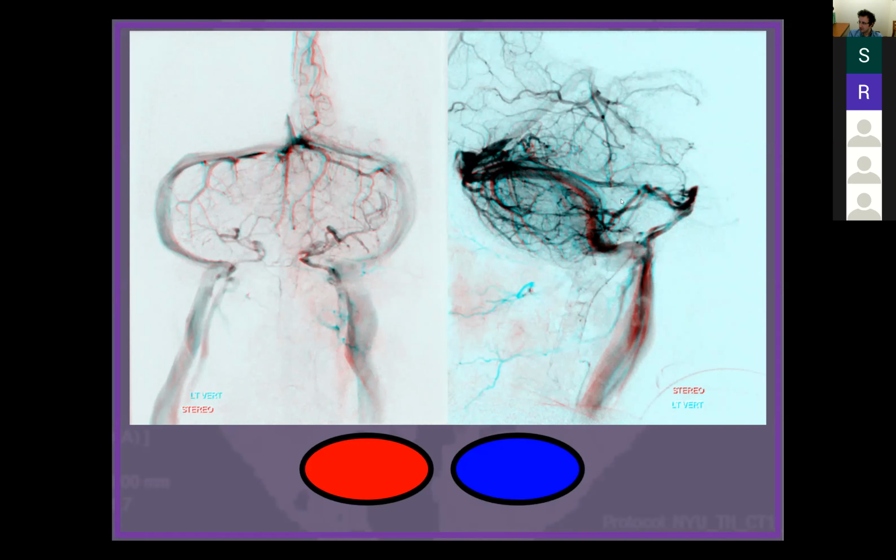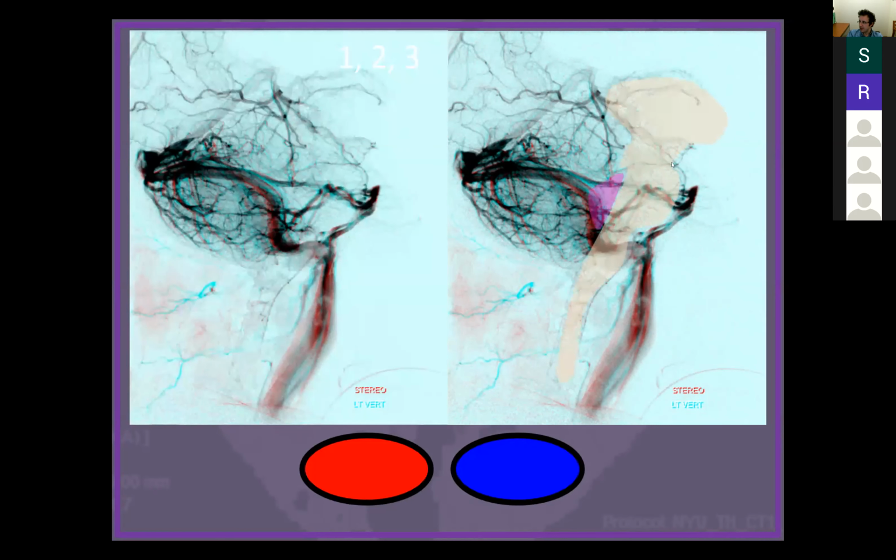So petrosal veins, these are veins of the lateral recess coming up to the petrosal system, draining predominantly anteriorly towards the cavernous sinus, out the inferior petrosal sinus like that and like this, right? And that's the brainstem that you want to put in there to help you understand how this is put together, okay?